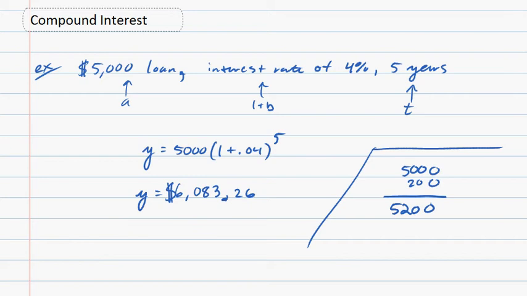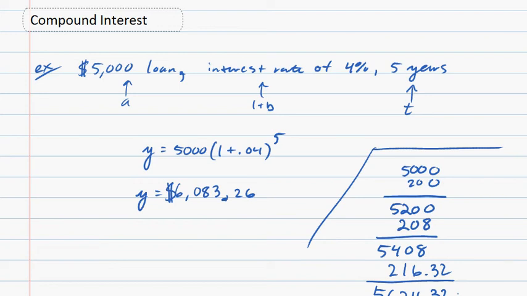So now we're looking at 4% of 5,200, which is slightly more, 208. Okay, so they got that extra $8 because they get that extra 8 from charging interest on the interest. And again, if we do this with 5,408, 4% would then be 216.32. So it's called compounded because it keeps compounding on itself. You get interest on interest on interest.